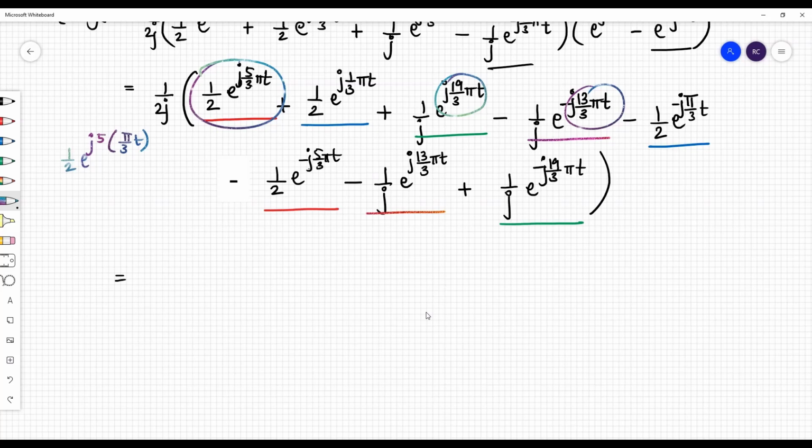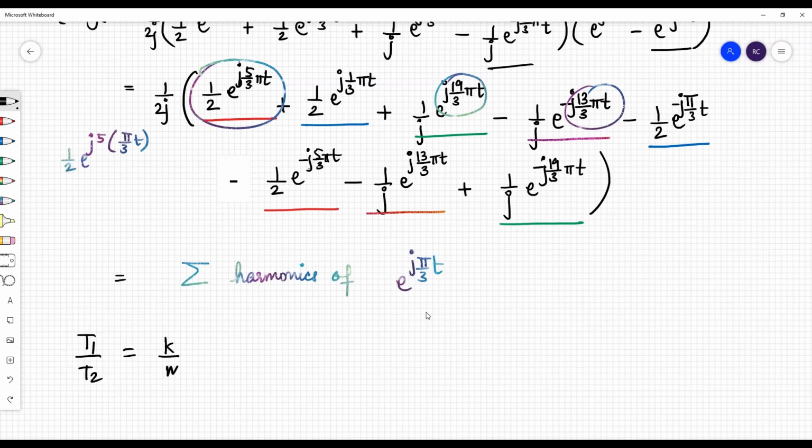What you notice is that this whole signal xt is simply a summation of harmonics, right? Harmonics of pi by 3, or rather I should say e to the power j pi by 3t. This whole signal is a summation of certain harmonics: fifth harmonic, 19th, 13th, and so on. We showed earlier that for a summation of periodic signals to be periodic, the ratio of those time periods needs to be a rational number.